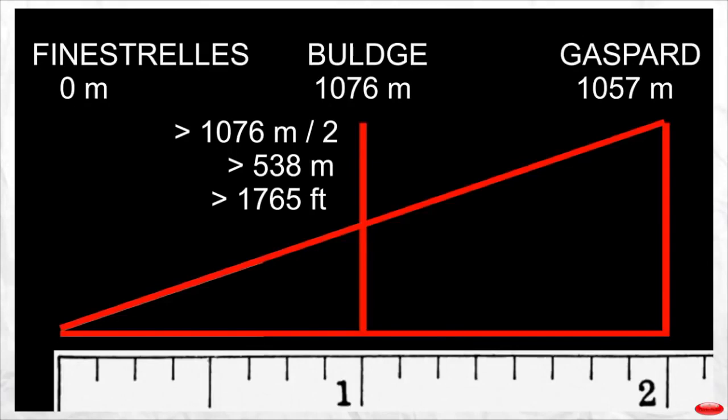That is greater than 538 meters. In English units, this is greater than 1,765 feet of blockage according to the globe Earth model. Again, we see much more than just the peak of Gaspard in the picture.